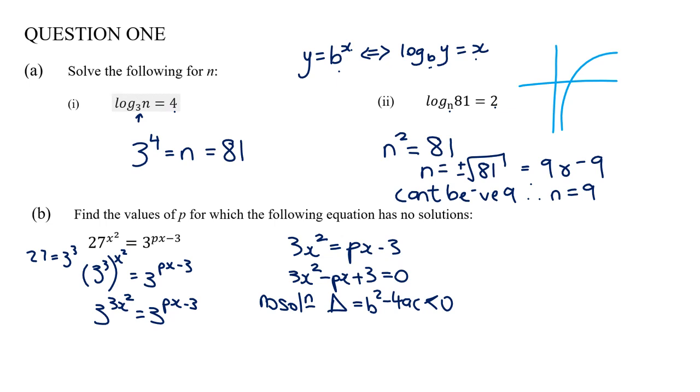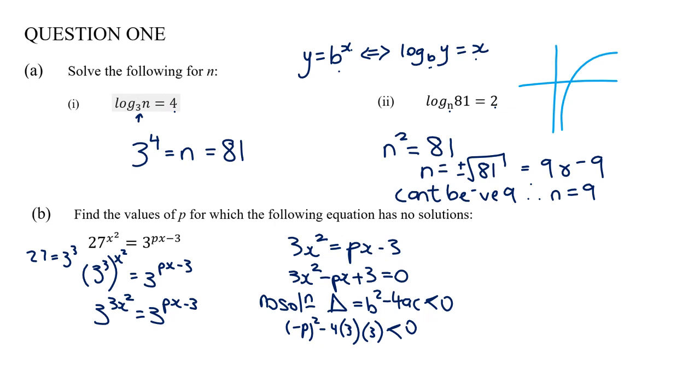Happy with that? Those parabolas that didn't touch the x-axis because the square root is a negative. So what this says is that negative p squared minus 4 lots of 3 lots of 3 has to be less than 0.